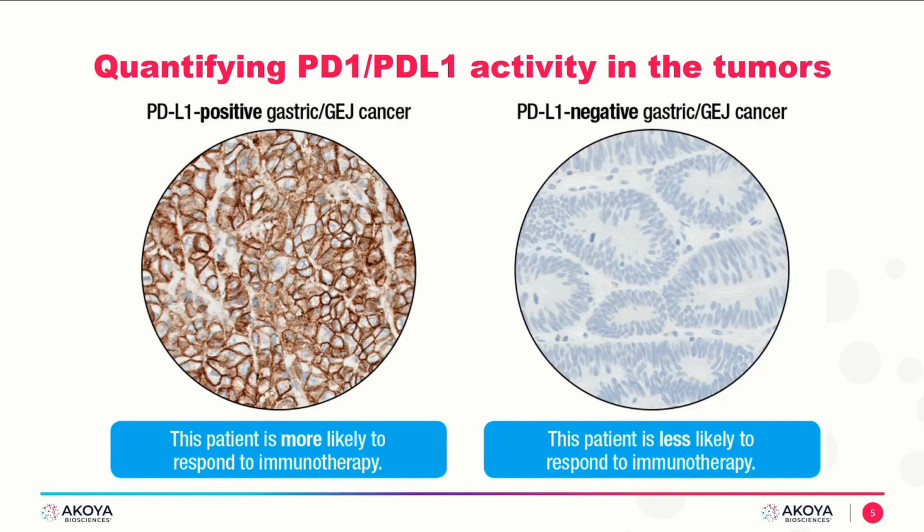IHC enables us to visualize and analyze the presence and levels of PD-1 and PD-L1 proteins within the tumor tissue. If a tumor lacks PD-L1 or exhibits high levels of PD-L1, this information is crucial. In fact, the US FDA has approved it as a companion or a complementary diagnostic for anti-PD-1, PD-L1 immunotherapies.